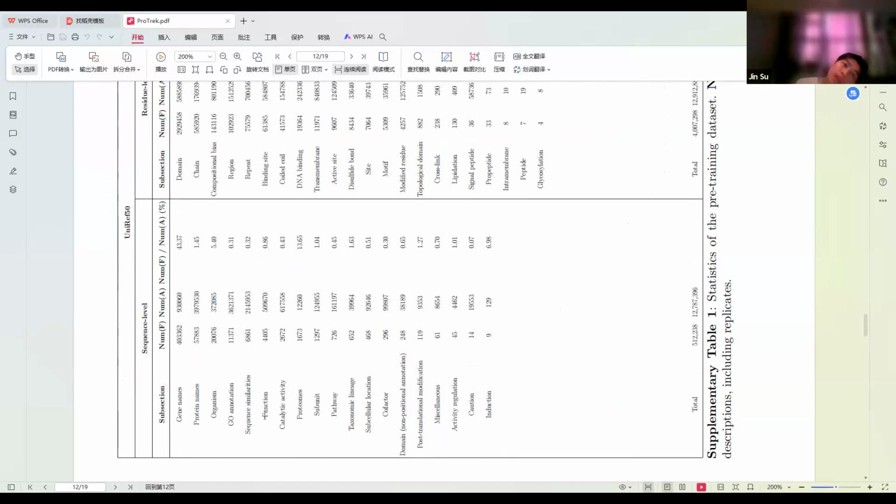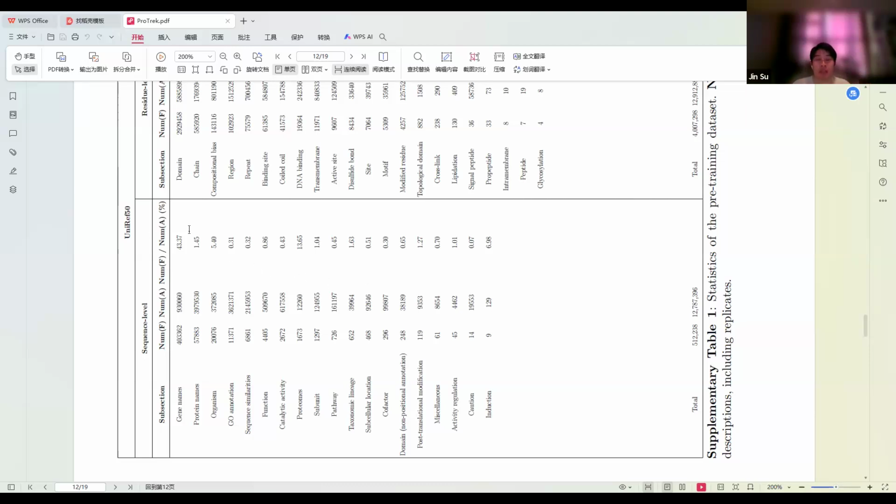For example, for the function subsection, we get overall 500,000 function descriptions, and only 4,000 are unique. So if we only train ProTrek on UniRef50 data, it will overfit. That's why we combine both UniRef50 and Swissport to train.